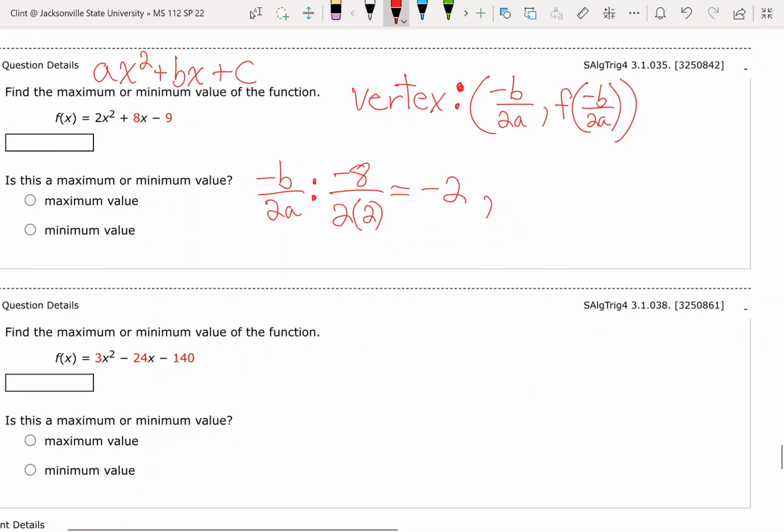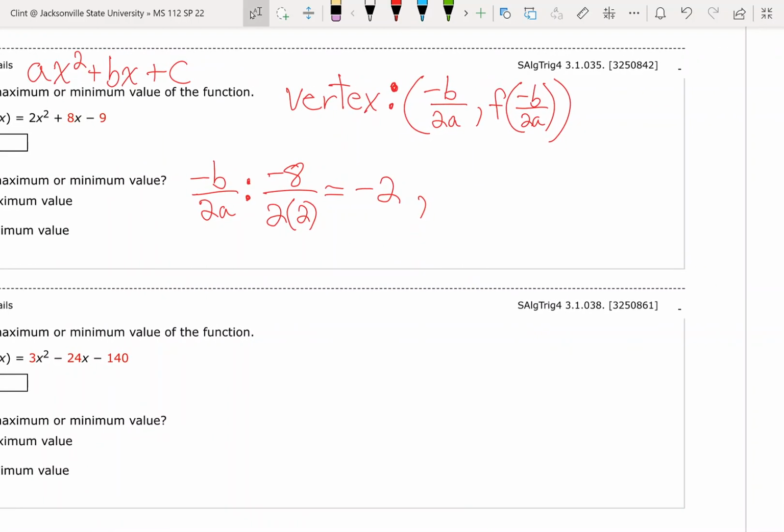Then to get the actual value, we take that negative 2 and plug it into our function. So we want f of negative 2. We take negative 2 and plug it in for x. So 2 times negative 2 squared plus 8 times negative 2 minus 9.